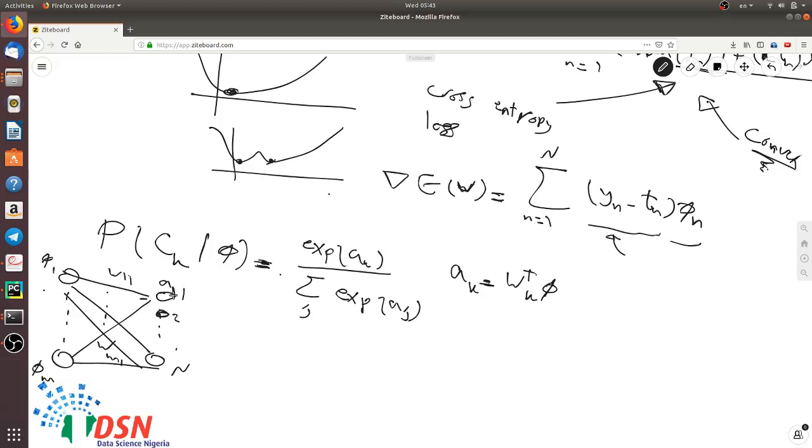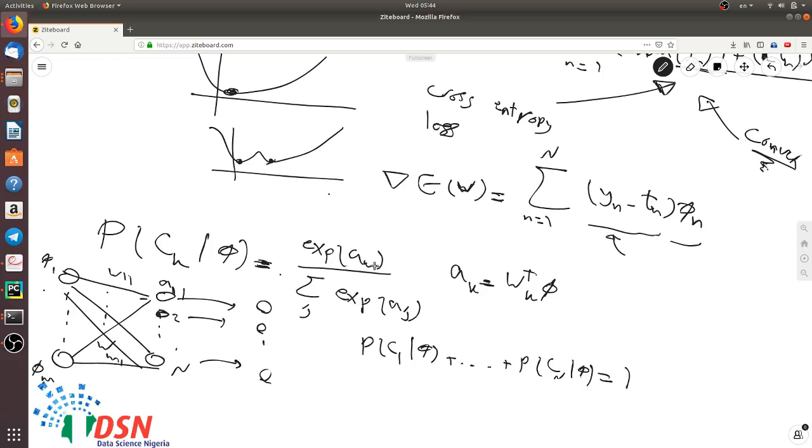And then for converting this output into probabilities, one way is to use this. If we use this, then the sum over all of the outputs is 1, because when we convert them to probabilities, we want to have a sum of 1. So the sum of all these is 1, and each of them is between 0 and 1.